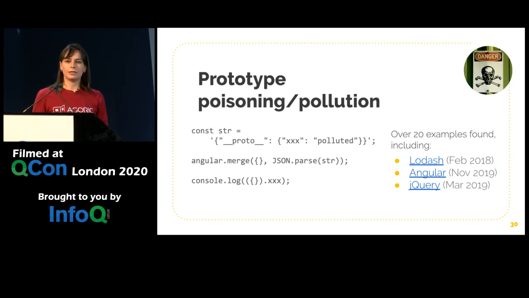What's happening is that, let's say we get a string from a user, and then we try to JSON parse it, and then we try to merge it with an object that we already have. That seems fine, right? The problem is anything that has the double underscore, double underscore, will actually be adding a key to the object prototype, the prototypical object. And so all of the objects within our realm will have that key.